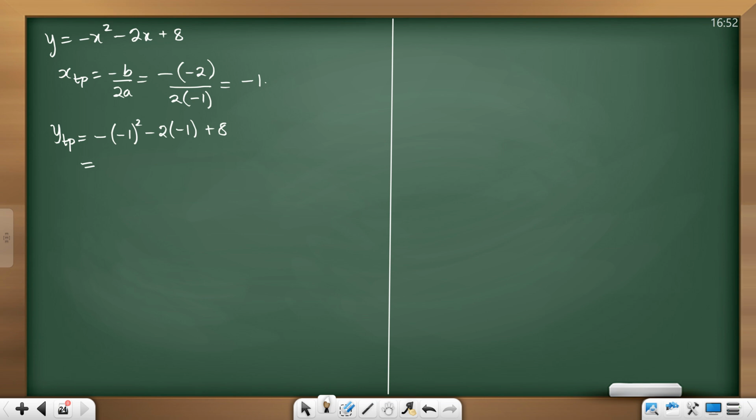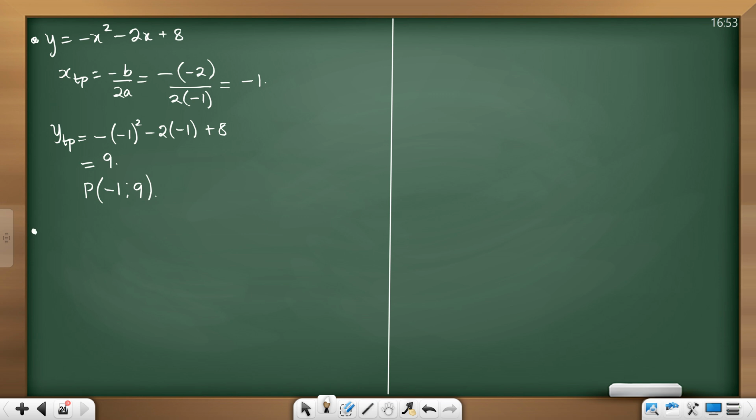Let's confirm what this would give us. That would give us 1, -1. 8 plus 2, 10. And 10 minus 1 would give us 9. So our turning point, the value of P, we're done.